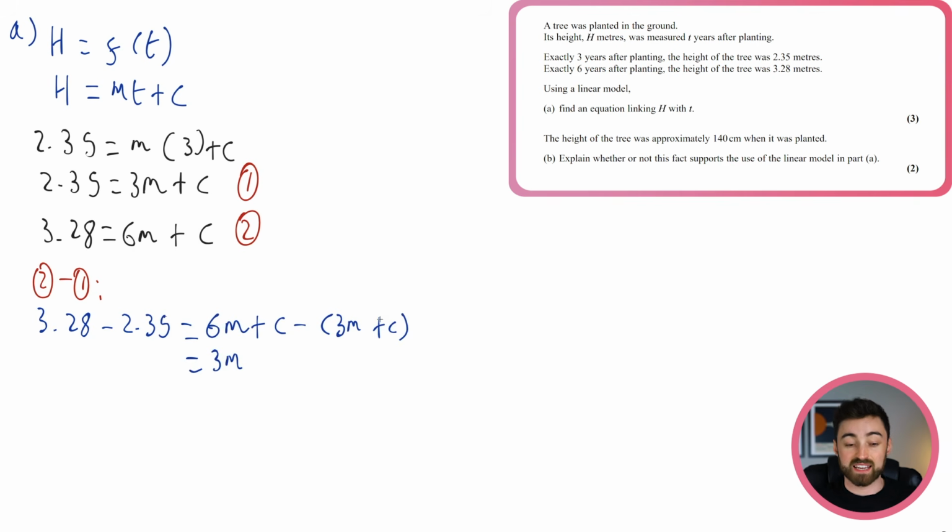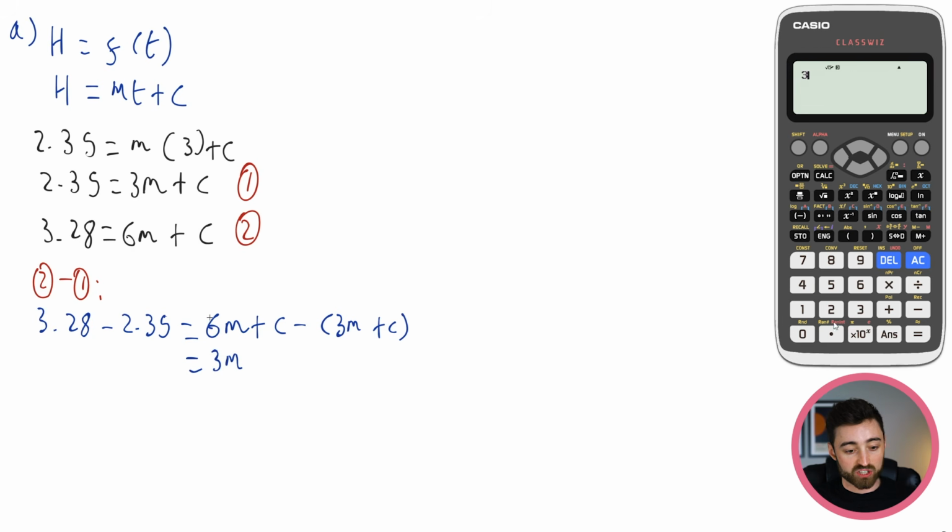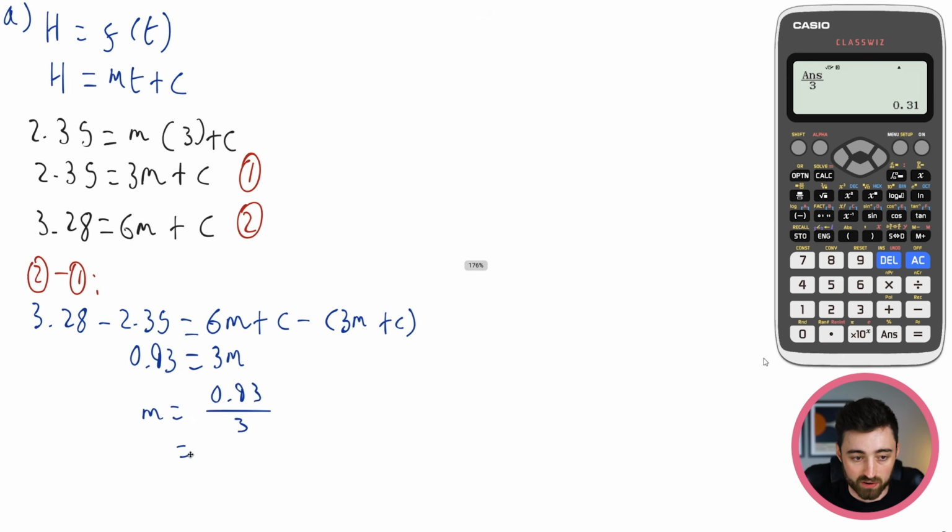C minus c is 0. 3.28 minus 2.35 is not something I'm going to do in my head. It is 0.93. Therefore, m is just going to be 0.93 over 3. So if I do ans divided by 3 here, I'm going to get 0.31.